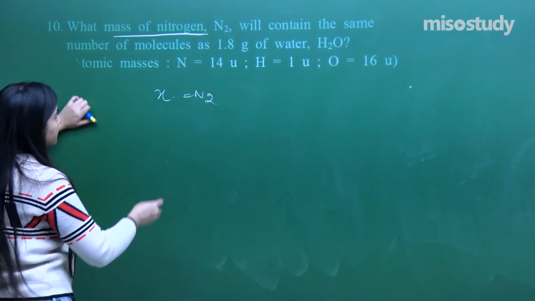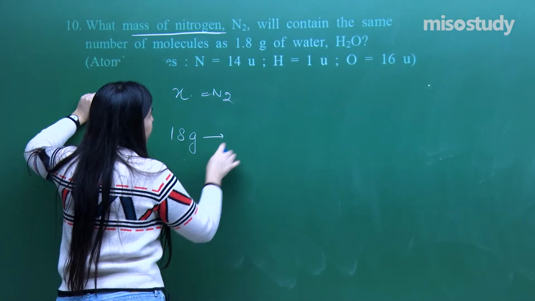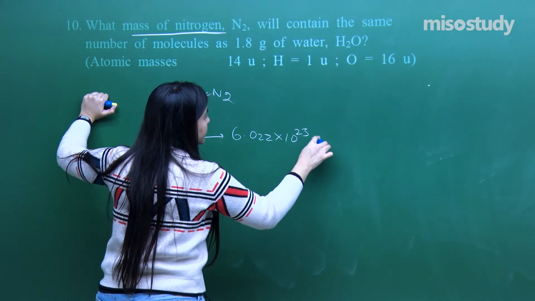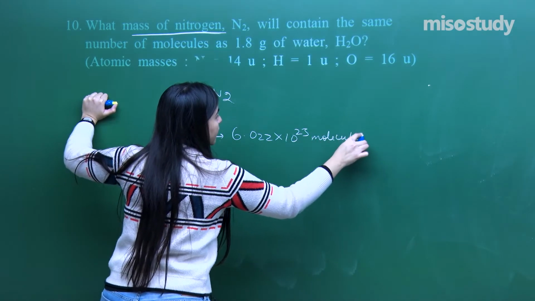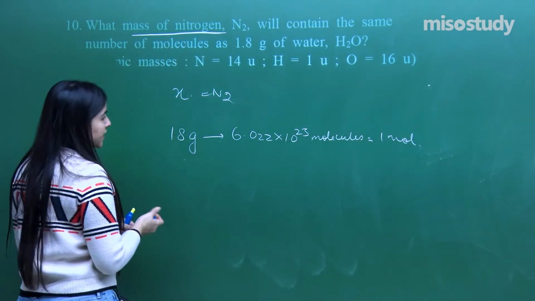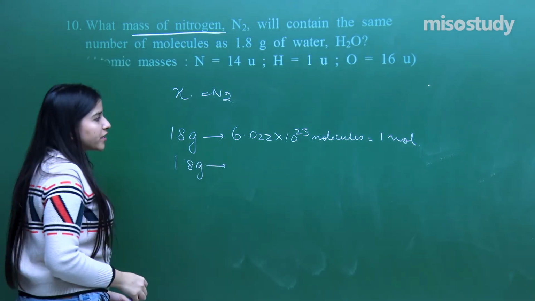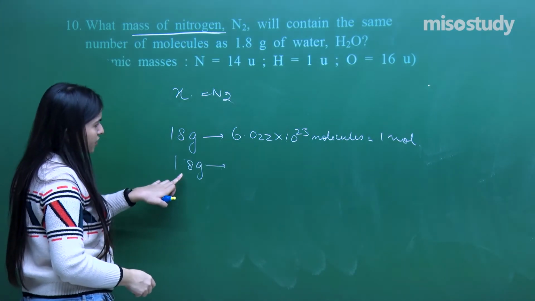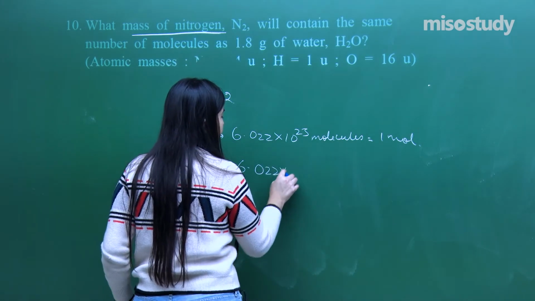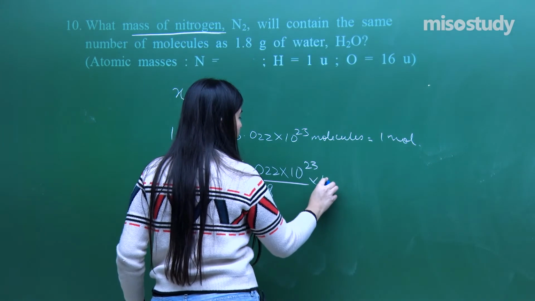Let's see. 18 grams of water contains 6.022 into 10 to the power 23 molecules. Yes, that is corresponding to 1 mole. Now 1.8 grams will be having how many molecules? That means I am just dividing by 10, it comes out to be 6.022 into 10 to the power 23 by 18 into 1.8.